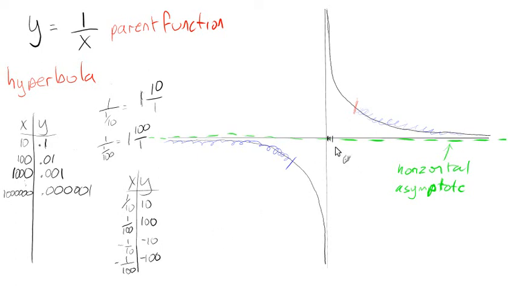Okay, but at 0, when we let x be 0, then we're taking 1 and dividing it by 0, which it's kind of hard to make this intuitive, to say 1 divided by 0 just isn't anything. It's not defined.